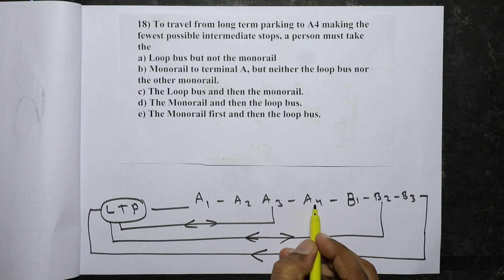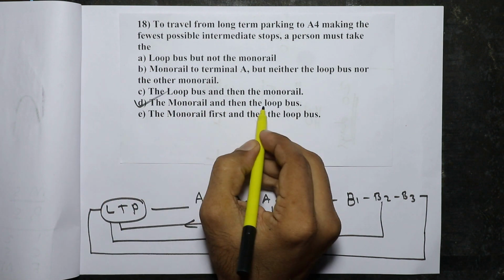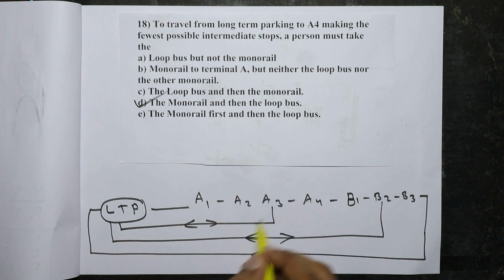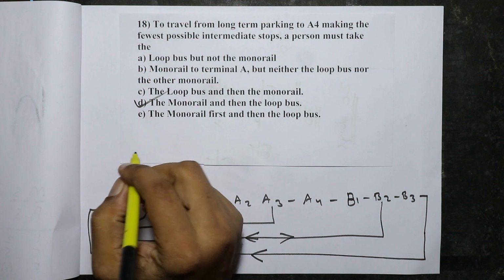So option D is the right answer: the monorail and then the loop bus.